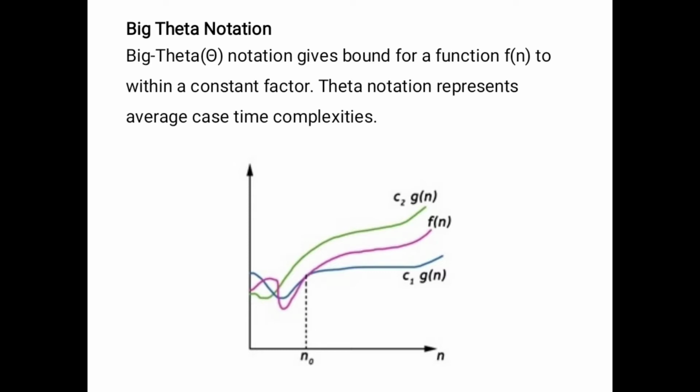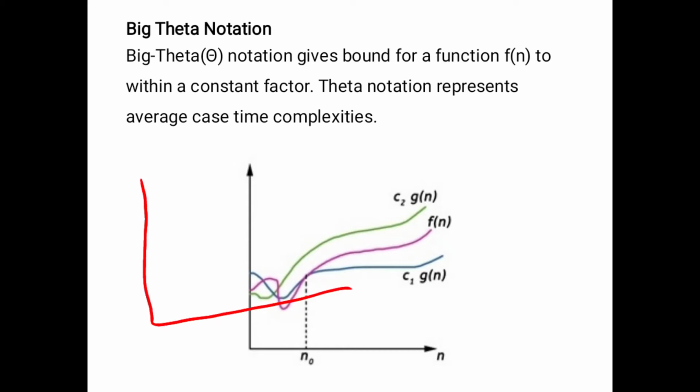That means the time lies between big O notation and big omega notation. So average time means the middle time required to execute an algorithm, that is average case time complexity. Okay, just to draw the diagram, just wait.